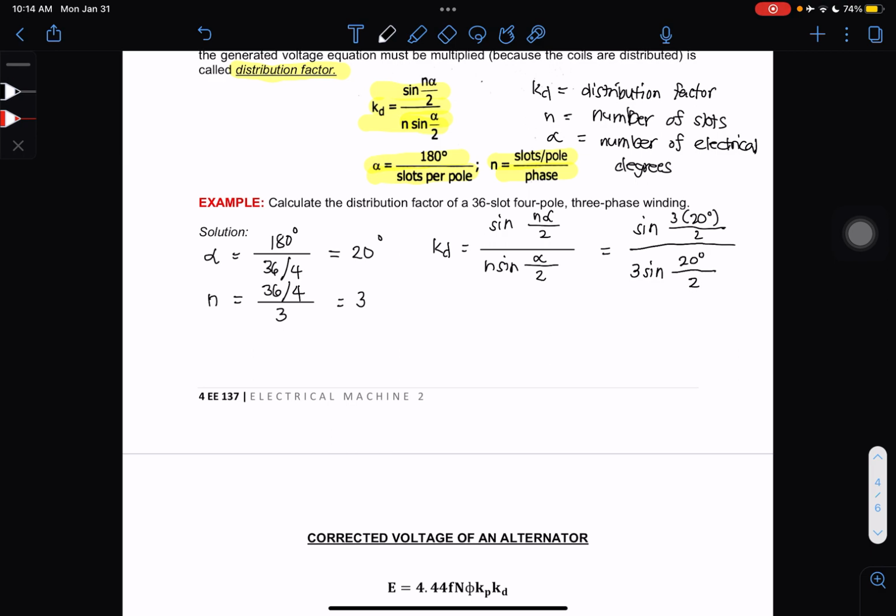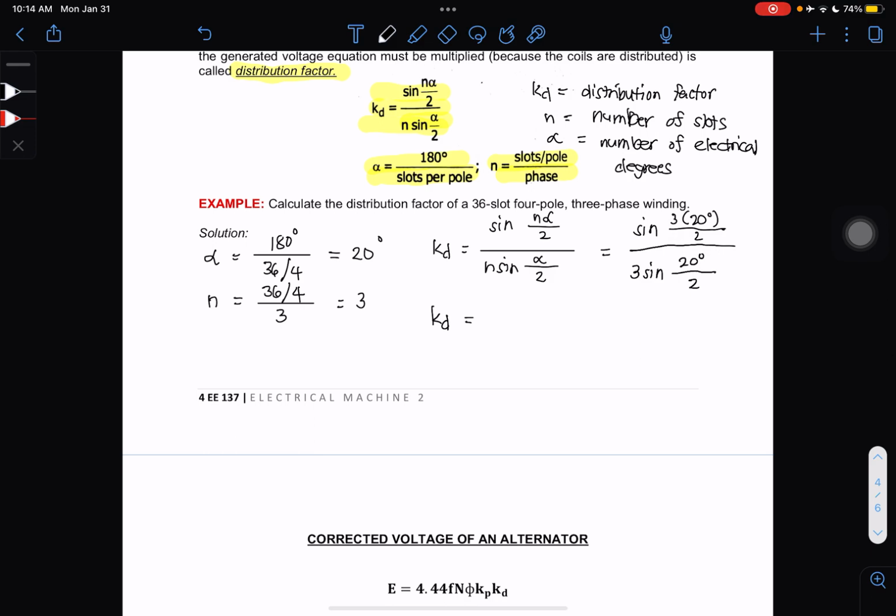Our final answer for the distribution factor is 0.96. Our distribution factor must be in decimal value. So this is our final answer.